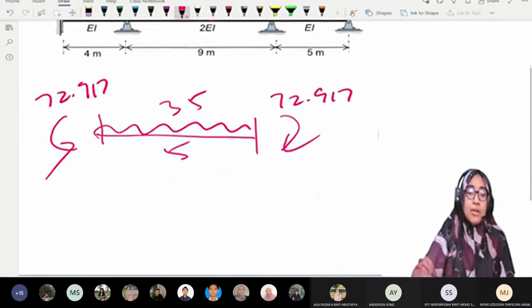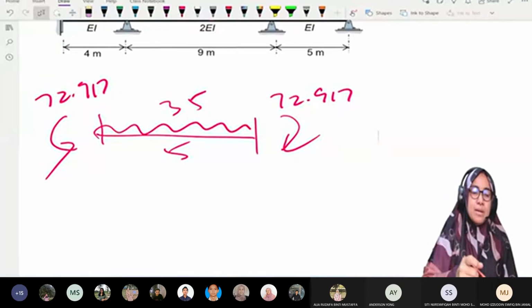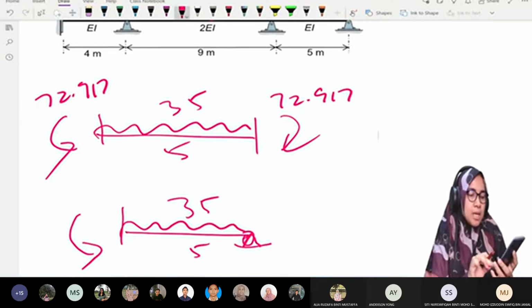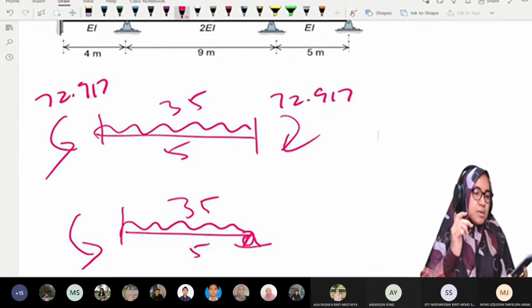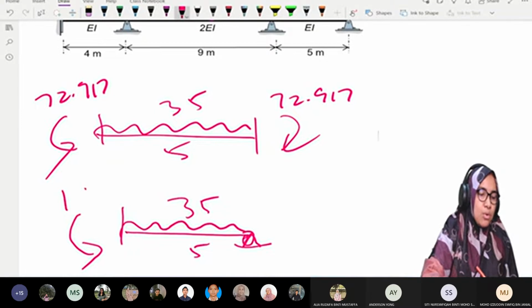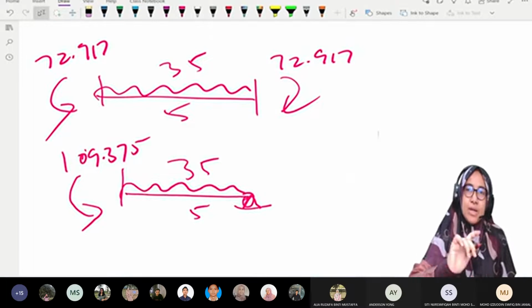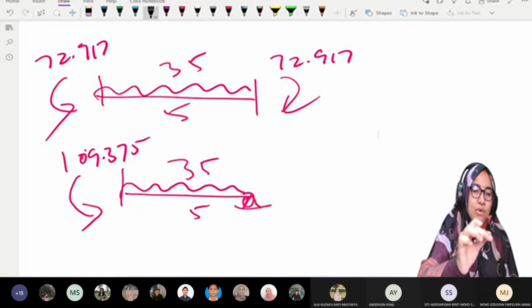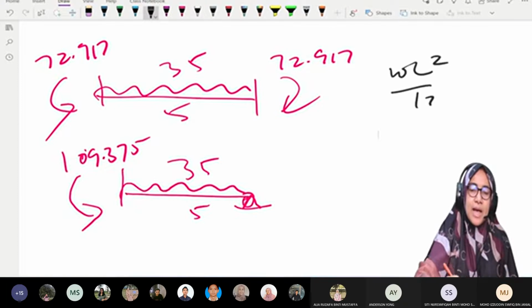But kalau you nak consider dia punya end pin, ataupun pin dekat sini macam ni, 35, 5, dekat sini you akan dapat divide by 2. So you tambah balik dengan 72.917, you akan dapat 109.375. Yang ni different. So formula untuk calculate yang atas is WL squared over 12 for both.